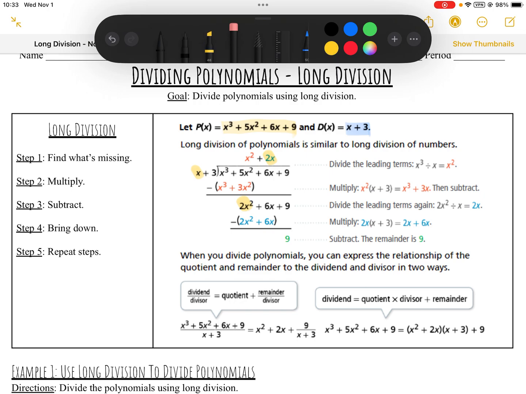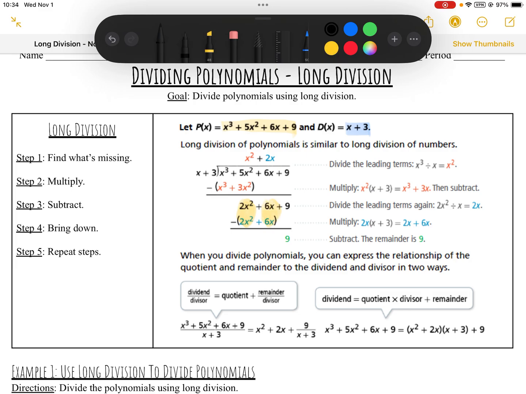So now that I found what's missing, I'm going to multiply 2x by x, which gives me 2x squared, and then 2x times 3 gives me 6x. Then I am going to subtract. 2x squared minus 2x squared gives me 0, and 6x minus 6x gives me 0.